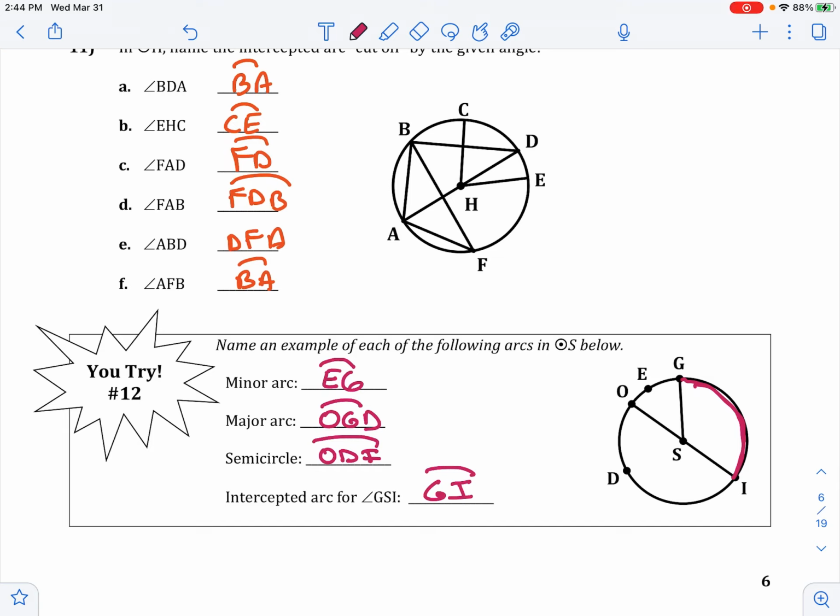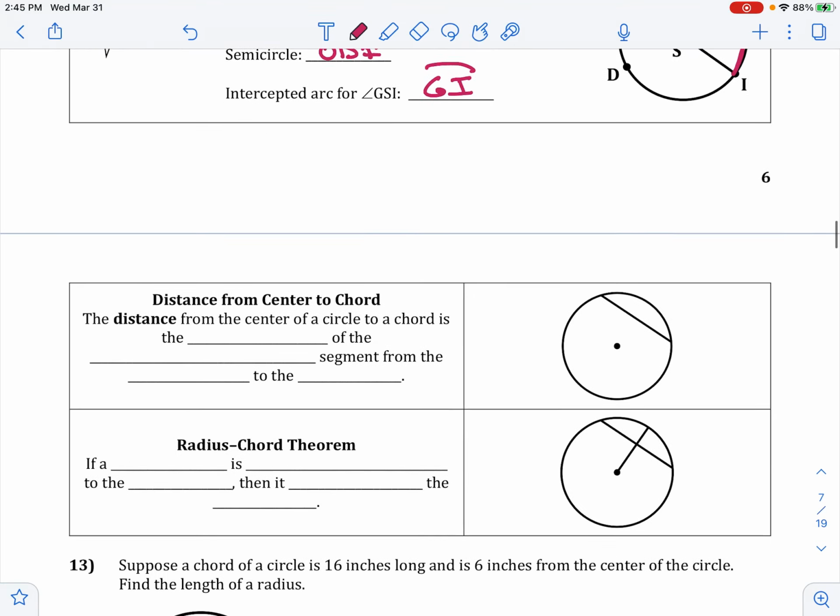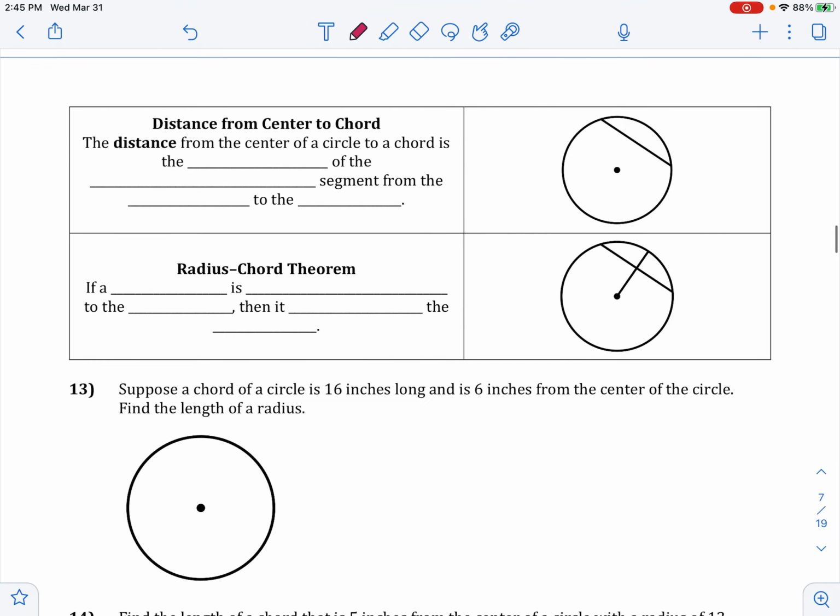Okay, so we're going to switch gears now, and start working on some problems that involve some segments inside the circle and just some distance. We're going to first identify what they mean by distance from the center of a circle to a chord.